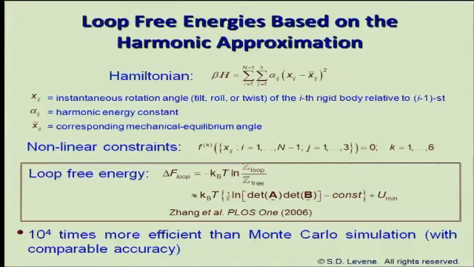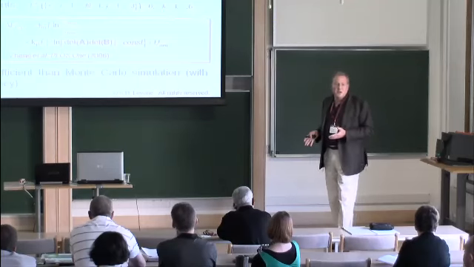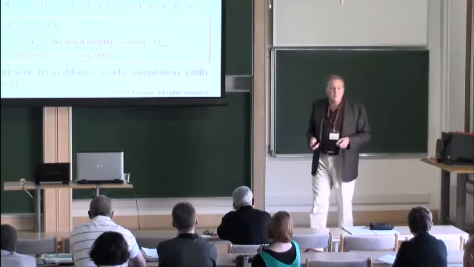It will depend on where you are on the J curve, basically. In any case, this is a calculation that can be done essentially in wall clock seconds, whereas the Monte Carlo simulations take hours to days, depending on the thermodynamic cost of forming the loop.